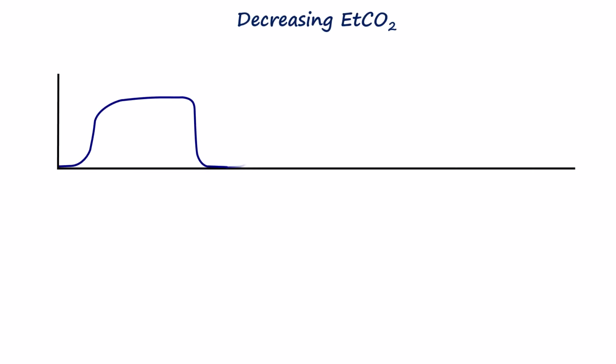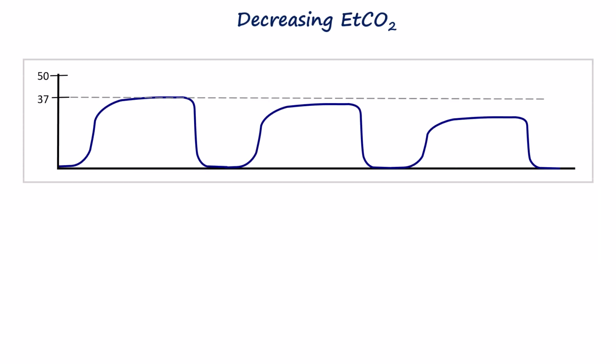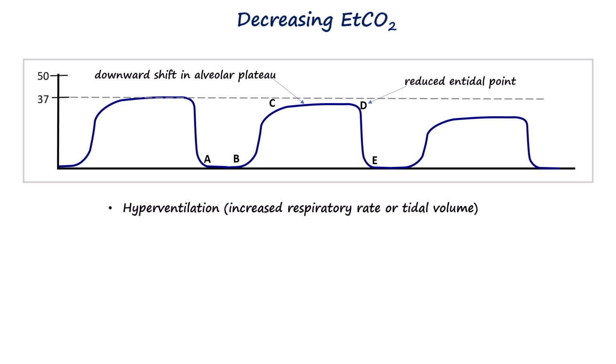A decreasing EtCO2 level on the capnograph waveform is seen as a downward trend in the height of the alveolar plateau and a lower end-tidal point. This may indicate hyperventilation, where an increased respiratory rate or tidal volume causes excessive elimination of CO2. It can also result from reduced metabolic activities such as hypothermia or sedation.